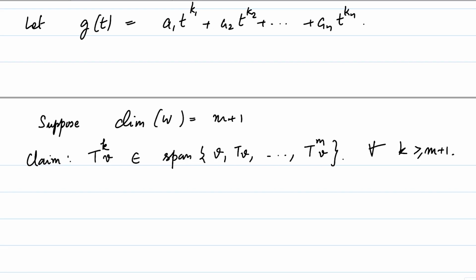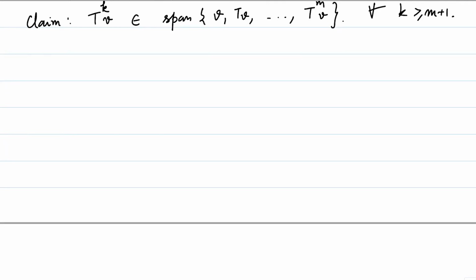The proof, we have already seen this proof in one of the lectures, so I will not go into it. It is a proof by induction. You check that for k equal to m plus 1, this is getting satisfied, and then by the strong induction hypothesis, you can write that any T to the power k V is in the span of this.